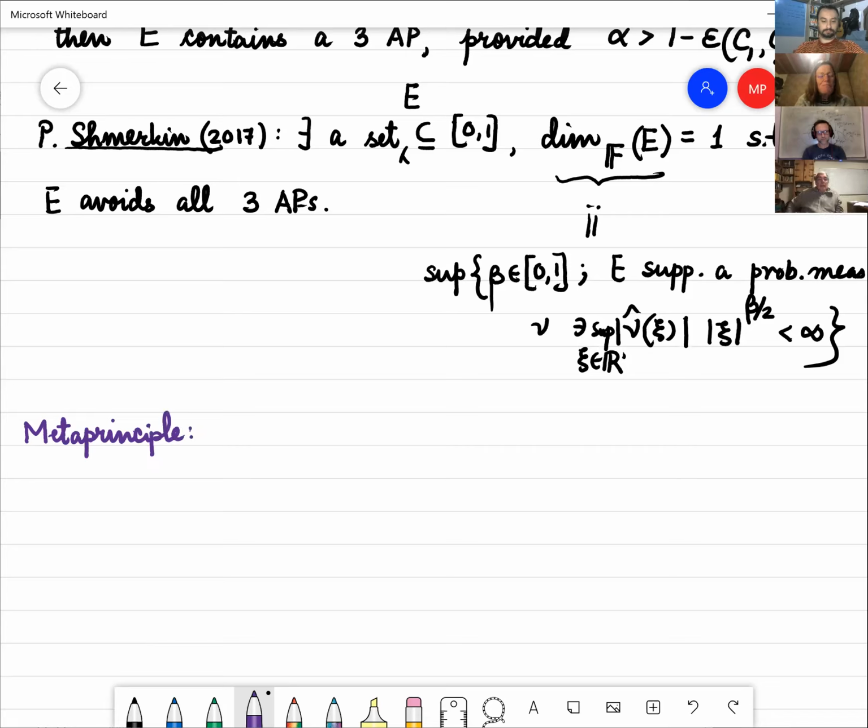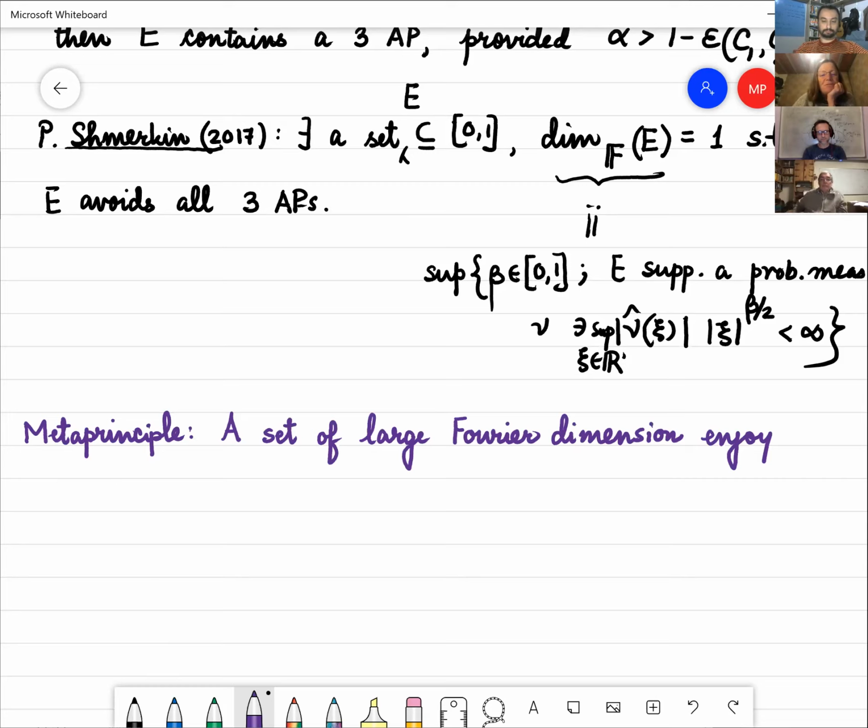It seems that a set of large Fourier dimension ought to enjoy more arithmetic structure or more arithmetic properties compared to a general set of large Hausdorff dimension.